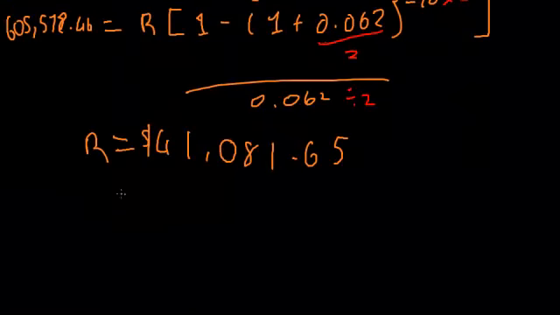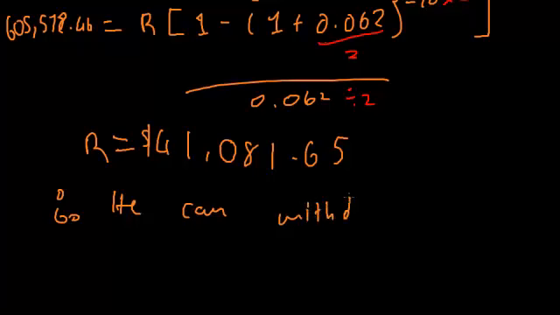And so therefore, if he wants to maintain his money till the age of 75, he can withdraw $41,301.65. And so if you can do this type of question, you've pretty much mastered compound interest annuities, and that's all.